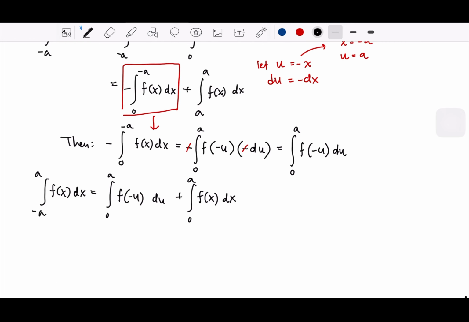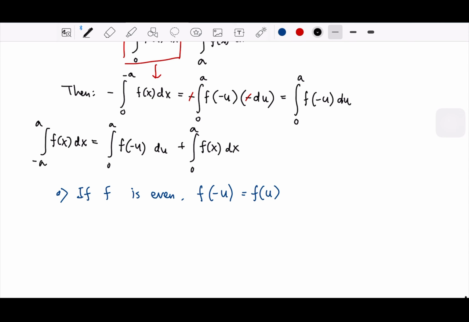So then we can write here the conclusions that if f is even, then f of negative u is f of u, which means that the result is equal to the integral from 0 to a of f of u du.